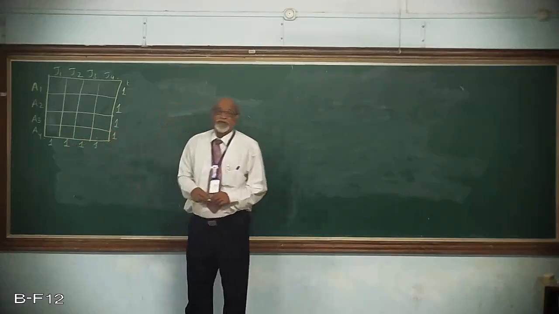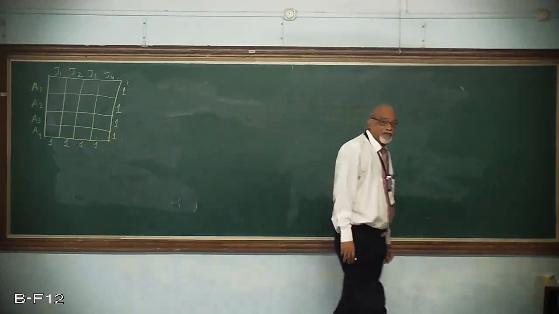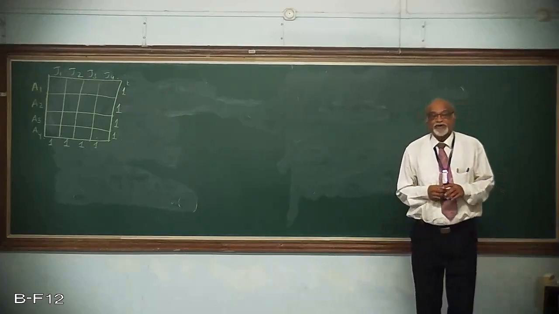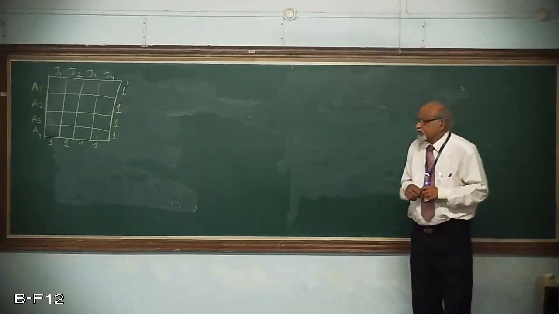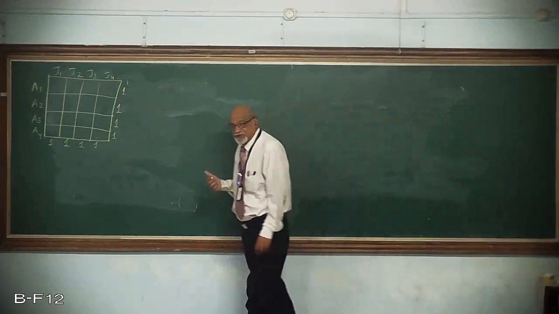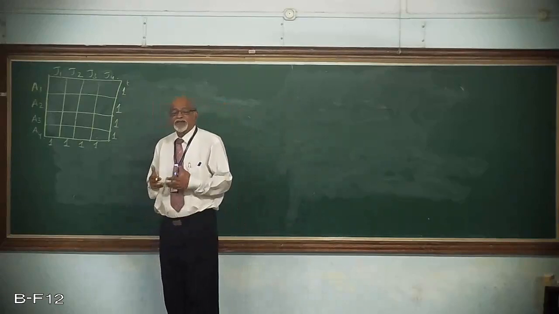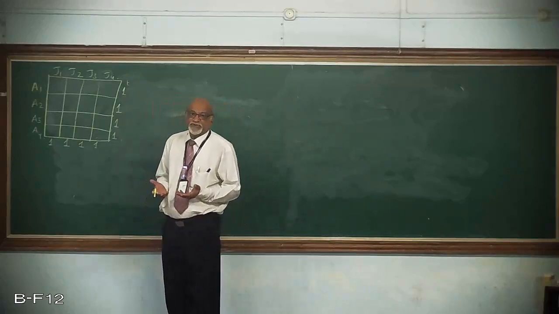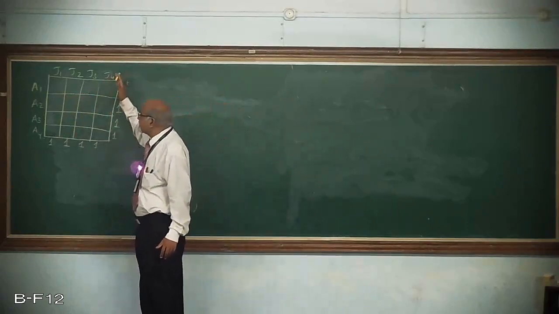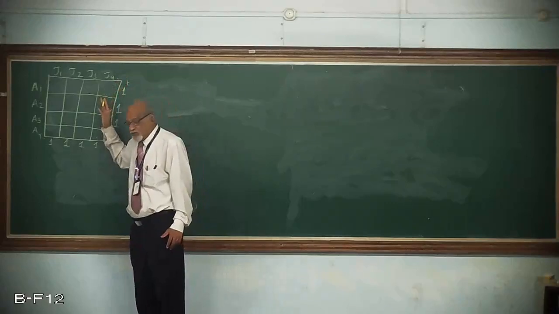Now you might ask me the question, suppose the number of people available is 4, but the number of jobs is 3. What is to be done then? That is a valid question. In that case, the same method we applied in transportation is to be used. That means the balancing has to be done first in any case. Now here the number of people is 4, the number of jobs is 3, so we have to add one column.